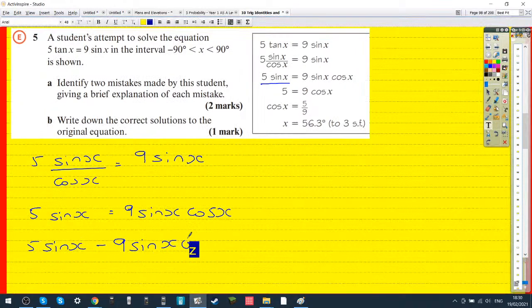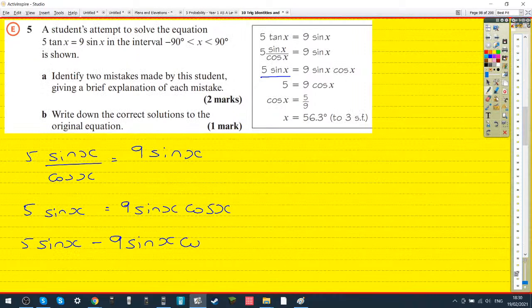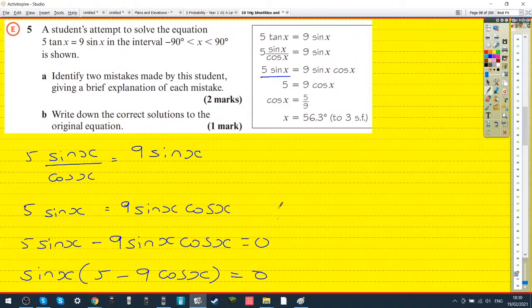And then you factorize. What can you factorize? Sin x. Yep. Sin x times (5 minus 9 cos x). How do you solve that?